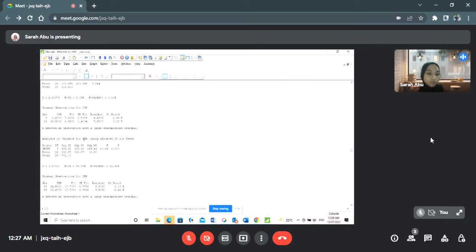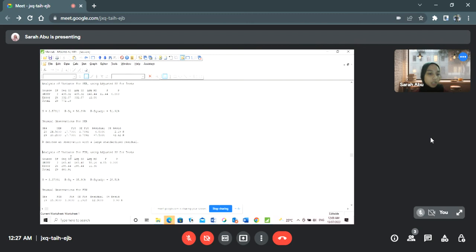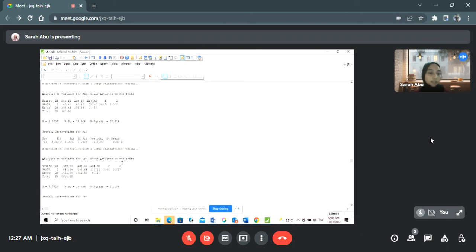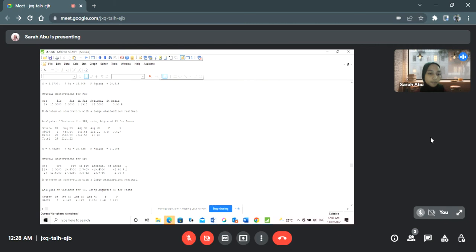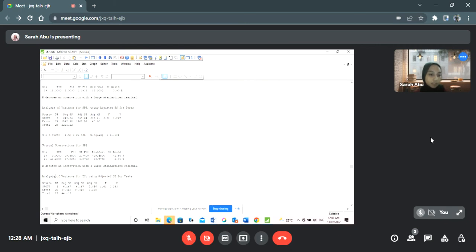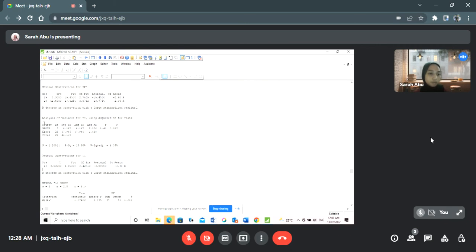ANOVA for services is significant at 5%. ANOVA for finance is also significant at 5%, and SPS is also significant at 5%. Lastly, ANOVA for TC is not significant at 10% and 5%.